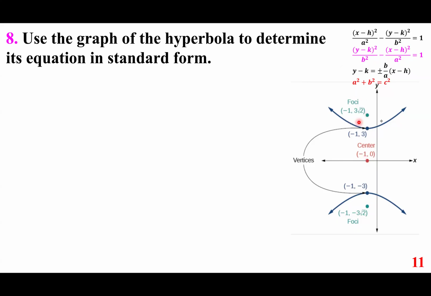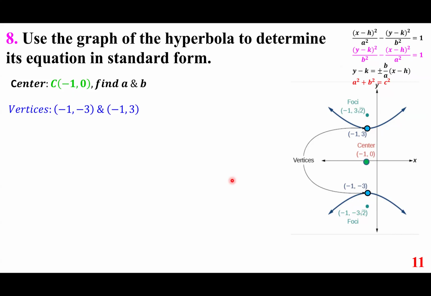The vertices are at negative 1, negative 3, and negative 1, positive 3. So let's write the center. And we want to find A and B. So we're going to write the vertices. So these are the 2 points.